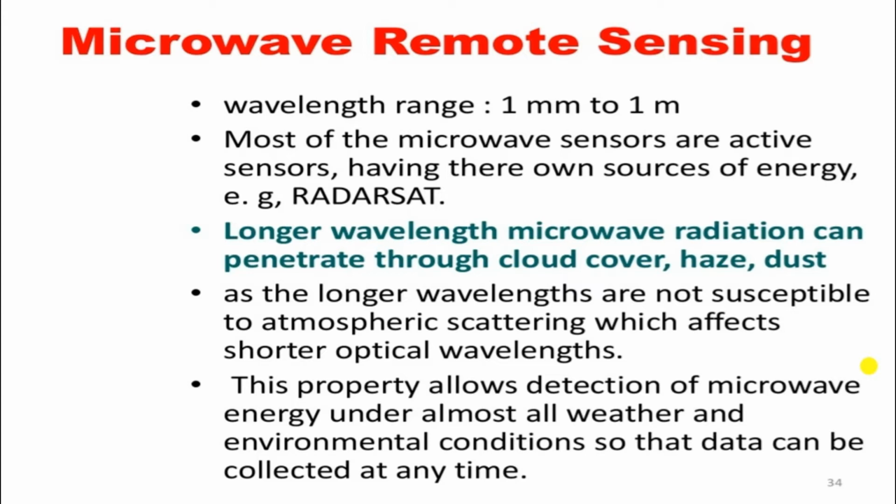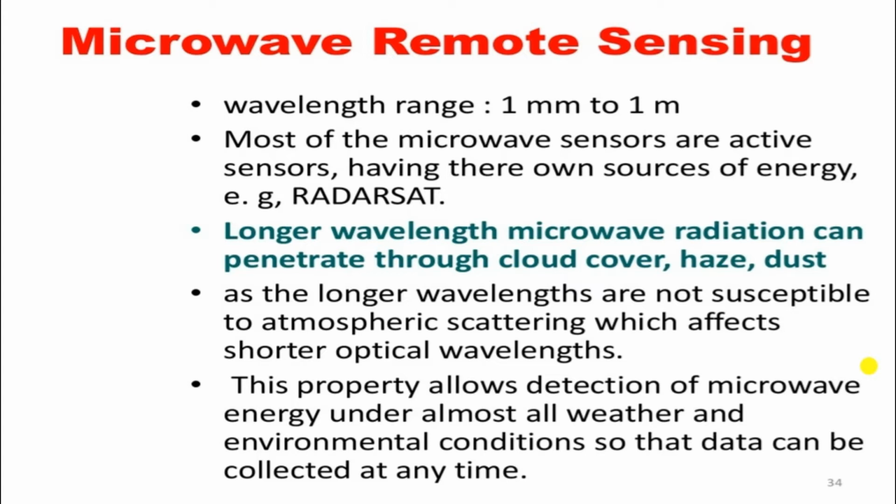So we use longer wavelengths like microwave wavelengths of 1 mm to 1 meter. If you want to find out the characteristics of bodies at larger distances, this property allows the detection of microwave energy under almost all weather and environmental conditions, so that data can be collected at any time.